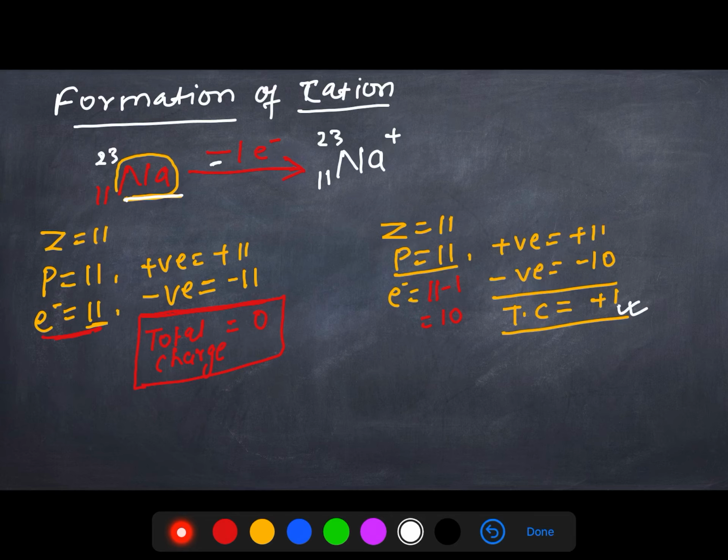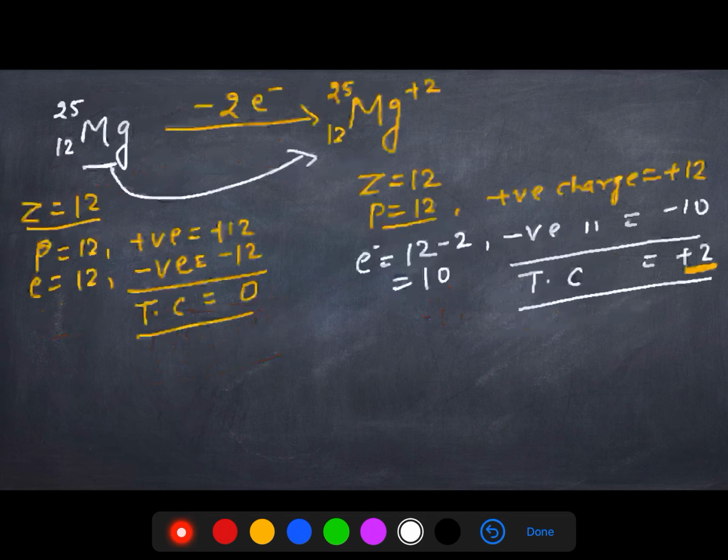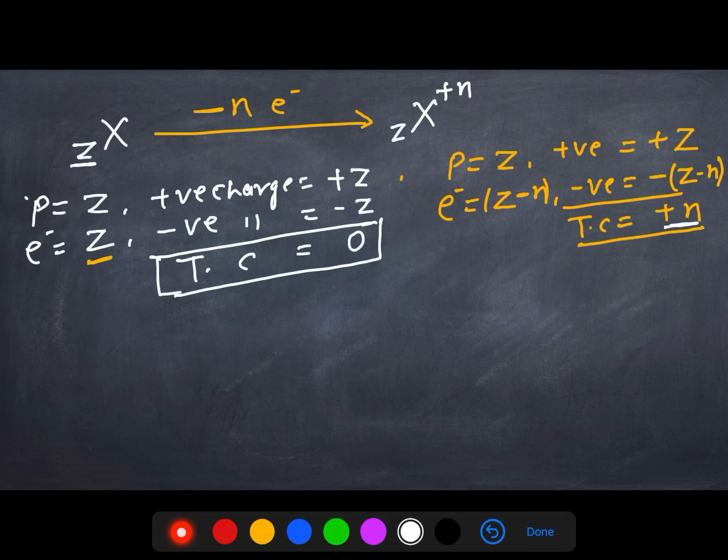Do we see that sodium, when it lost an electron, let's focus on the loss only for now, developed a positive charge, right? Second case, when magnesium also lost electrons, it developed a positive charge. In the third case also, we see when X lost electrons, it develops a positive charge.